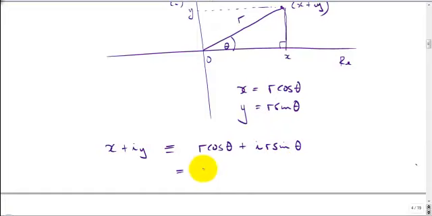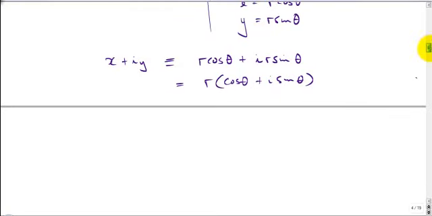Take the r outside, and that's r cosine of theta plus i sine of theta. So what we call this, down here, is the polar form of the complex number.